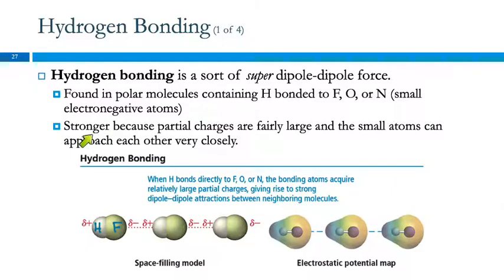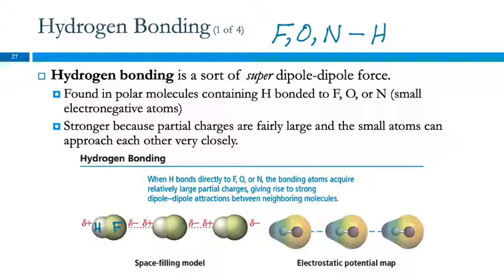Partial charges are larger, and the small atoms can approach each other. So we will find hydrogen bonding in polar molecules where we have fluorine, oxygen, or nitrogen that's bonded to hydrogen. So you need to remember that.